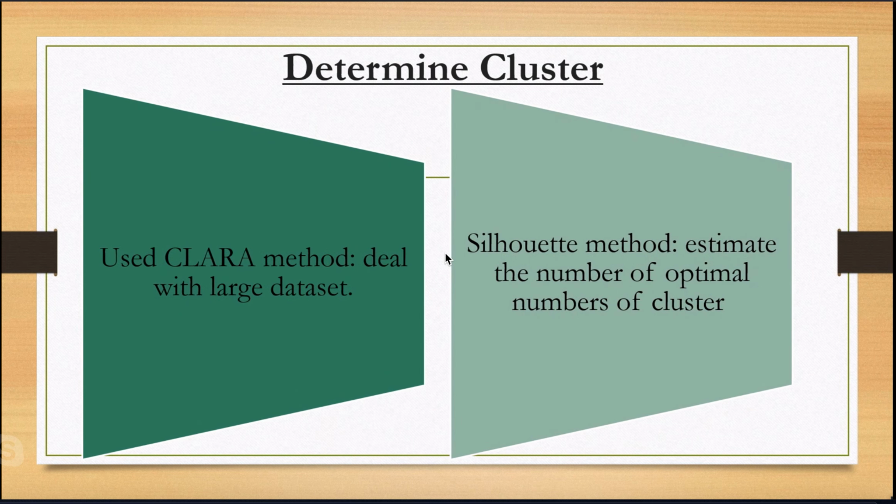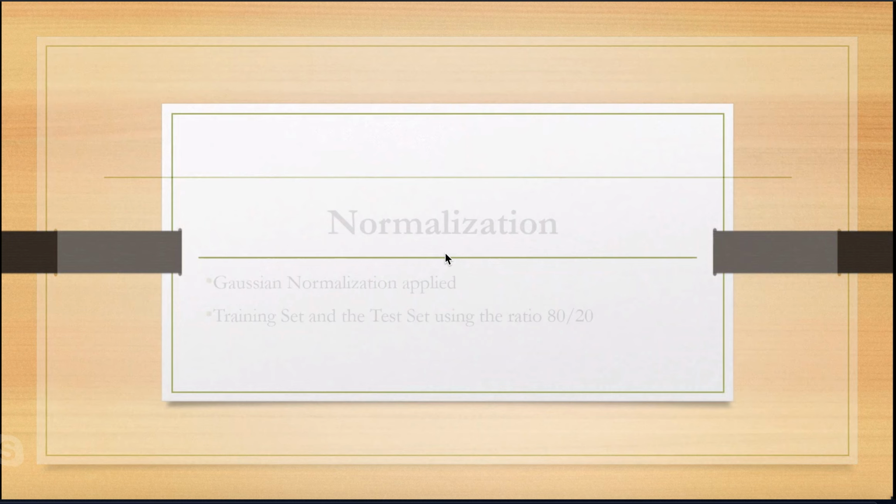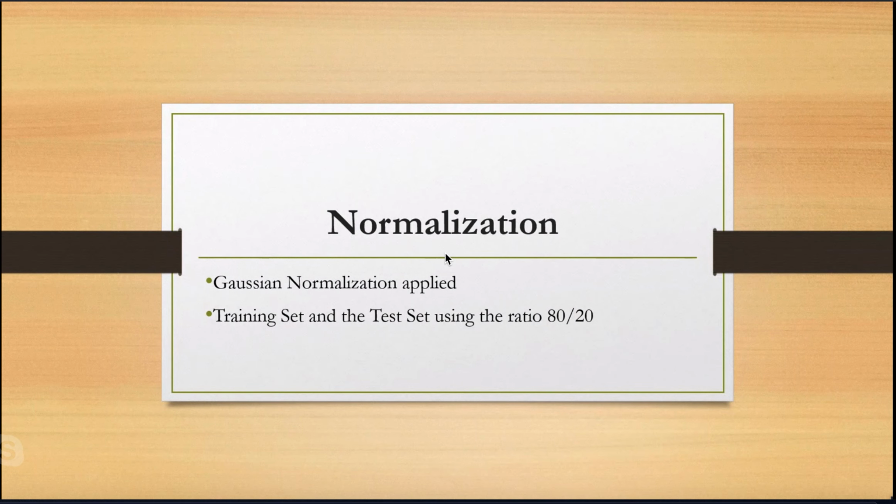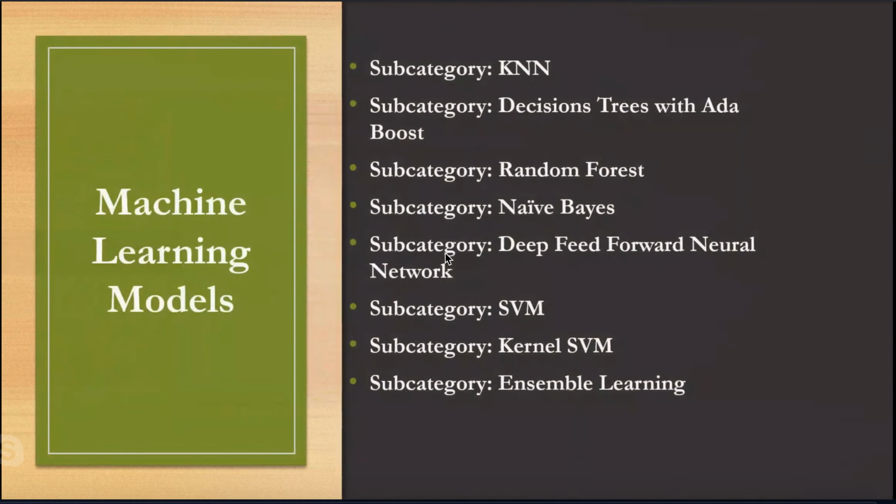Then, when it comes to determining the clusters, we use CLARA. This CLARA method can be used with large data sets. We also used the silhouette method to estimate the optimal number of clusters. For normalization, we applied a Gaussian normalization technique, and we also divided our data into 80-20 train and test sets.